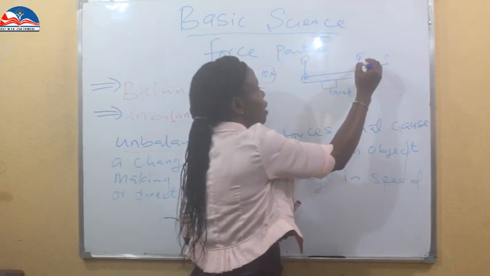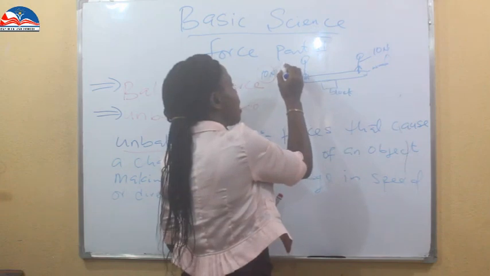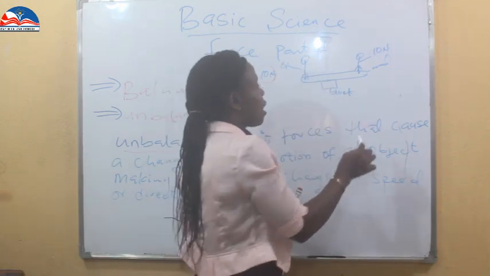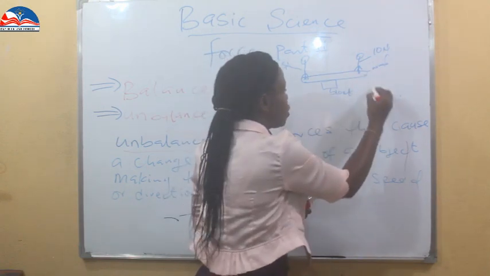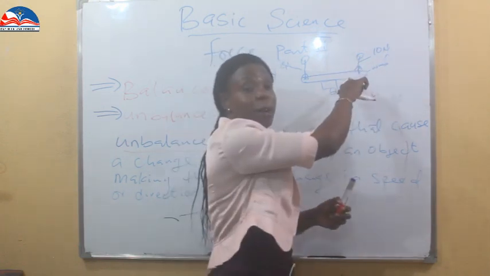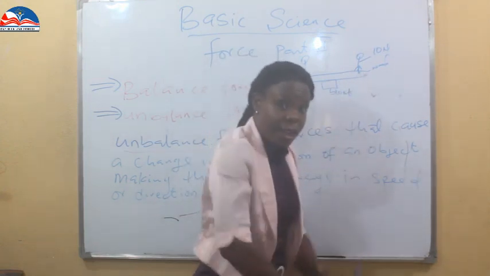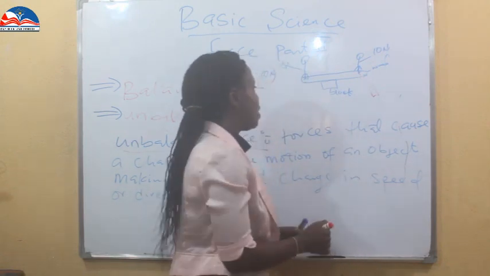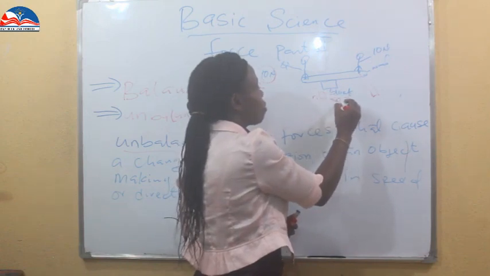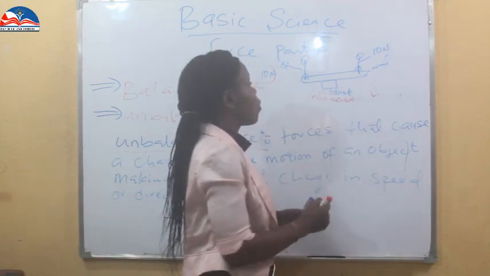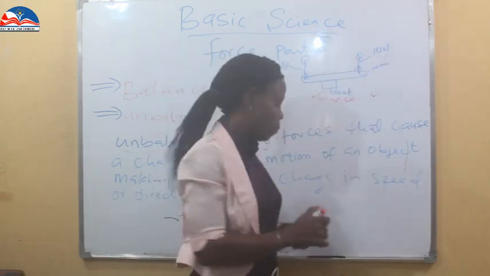The boy on this side has 10 Newton, and the boy on this side has 8 Newton. You will find out that this flat wood is going to drag down this way because this boy has applied more force on this. The weight is higher. This is an unbalanced force because the force here is 10 Newton and the force here is 8 Newton. Unbalanced force.